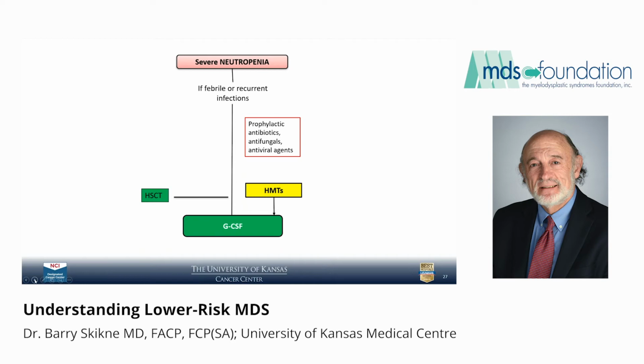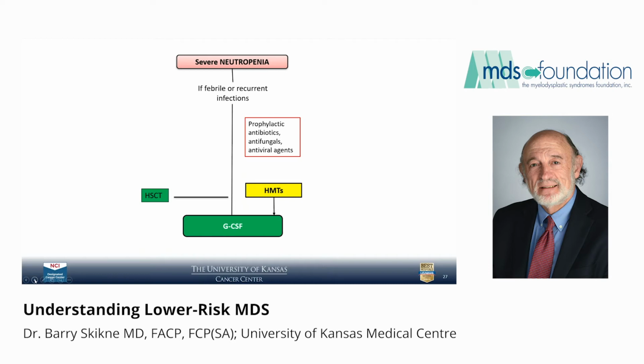Now, what about patients with severe neutropenia? Neutropenia as an isolated presentation in MDS is fairly uncommon. It's about a 4-5% entity, and thrombocytopenia is about a 10% entity as a presenting feature alone. And the anemias account for about 85% of all the presenting problems.